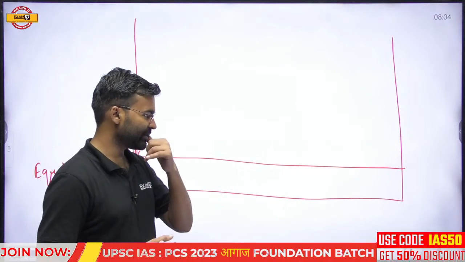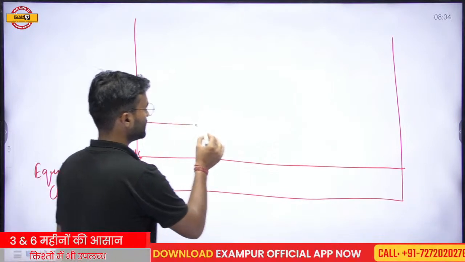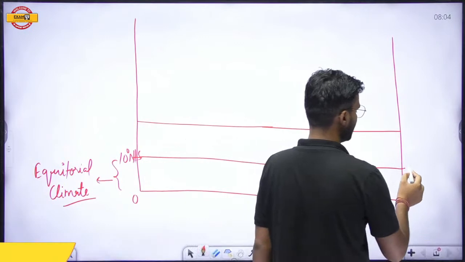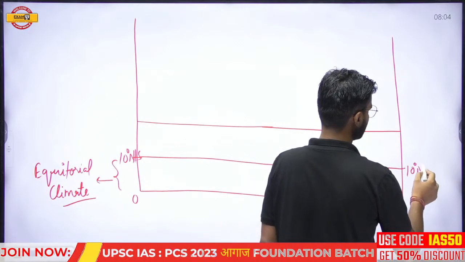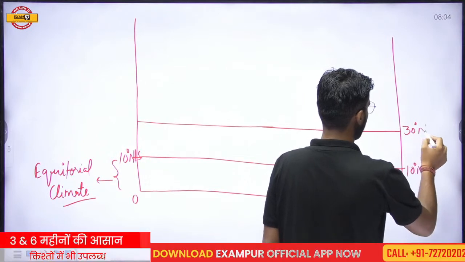In the last session we discussed these things, and the next climatic zone is found between 10 degree north and south to 30 degree north and south.